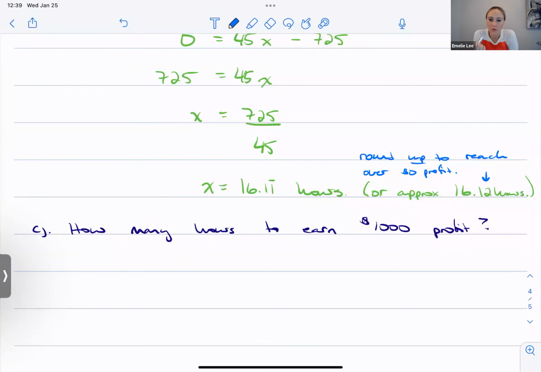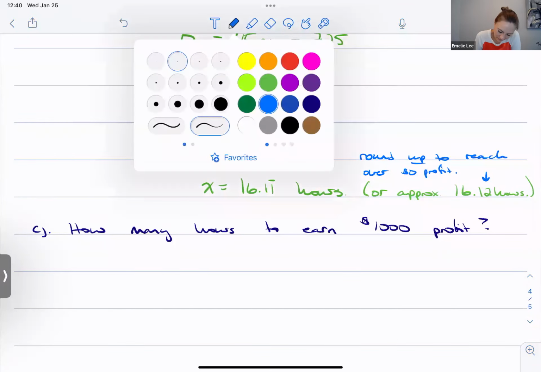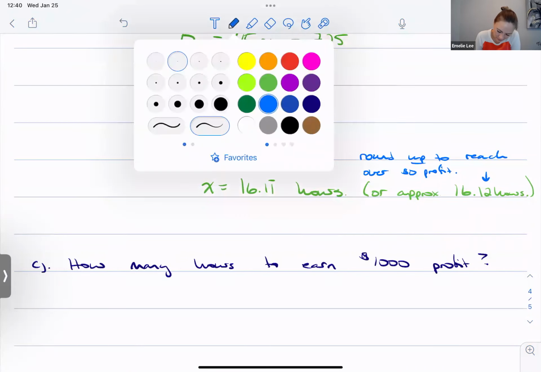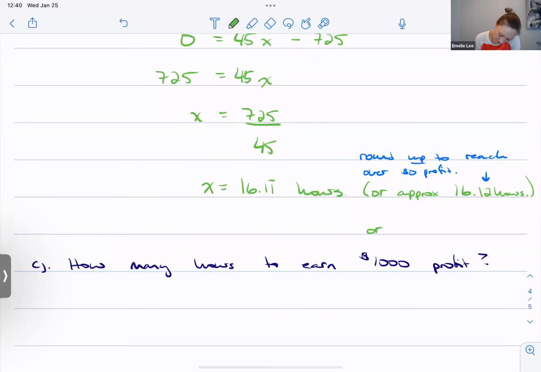You could go to just 16.11 hours. It's so minute, right? Even approximately 16 hours is fine, but we're just solving for X that makes the profit 0.